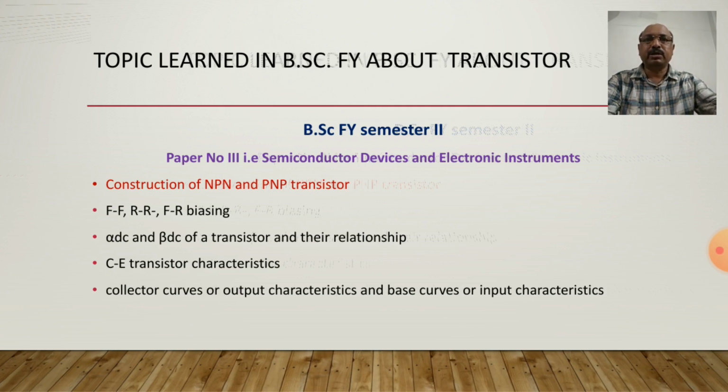Then different types of biasing were studied, that is FF, RR and FR biasing. Then current gain, alpha DC and beta DC of a transistor and their relationship. Then CE transistor characteristics, and we drew the collector curve or output characteristics and the base curve or input characteristics of a CE configuration.